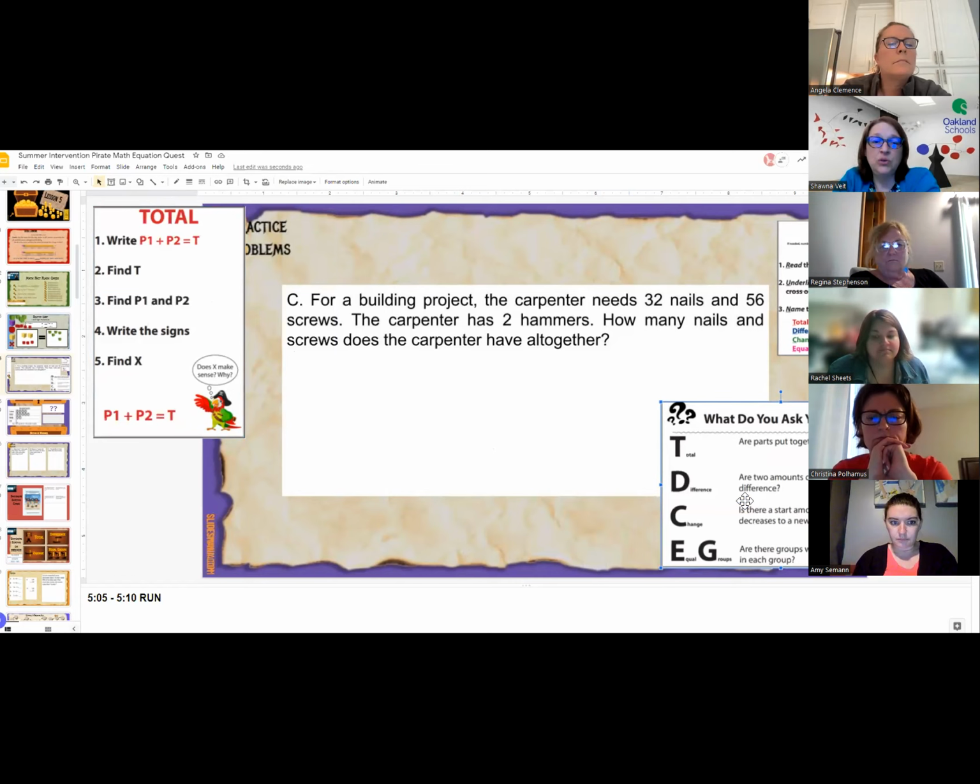Absolutely. So we need to work through whether or not we're able to read it. There are words that are not even important to the problem, like carpenter, that may be a stumbling block for kids. So how do we either read it aloud, or how do we help them work through that so they're not so stuck on the vocabulary that they can't make sense of the word problem?